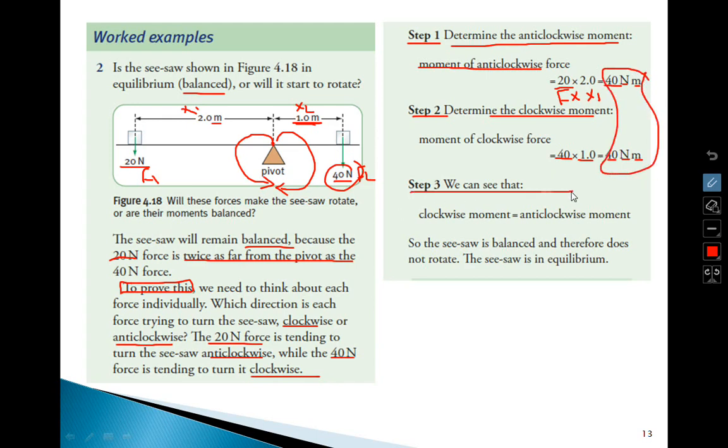So we can say that the clockwise moment is equal to the anti-clockwise moment, so the seesaw is balanced and therefore doesn't rotate. Why? Because the seesaw is in equilibrium, or balanced. So this one balances this one.